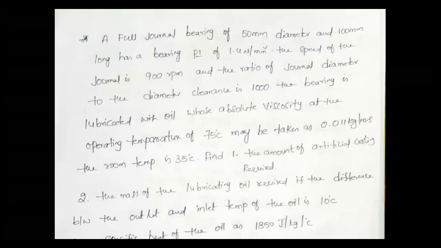The bearing is lubricated with oil whose absolute viscosity at the operating temperature of 75 degrees centigrade may be taken as 0.011 kg per meter second. The room temperature is 35 degrees centigrade. Find the amount of artificial cooling required and the mass of the lubricating oil required if the difference between the outlet and inlet temperature of the oil is 10 degrees centigrade. The remaining parameters are given as usual.